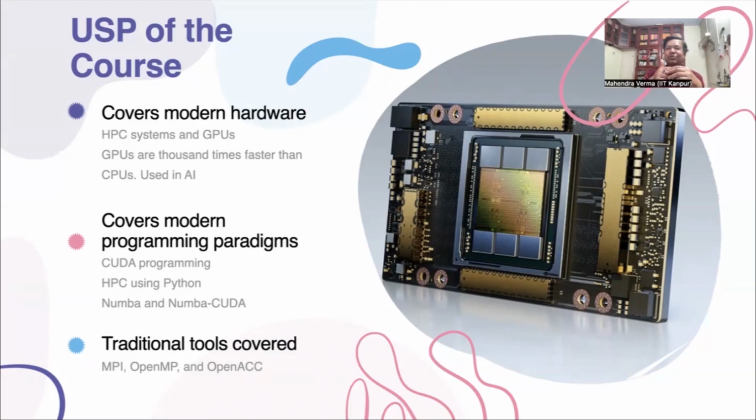So you exactly know what are the benefits of GPU programming or CPU programming, or given a problem, what should I choose, or given a hardware, what tools I should use. I will cover modern hardware, including GPUs. About 30% of the course is covering GPU.